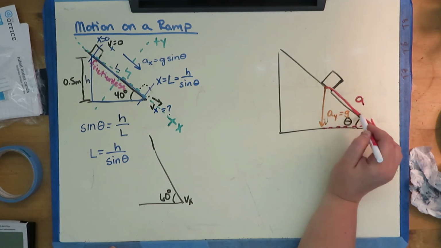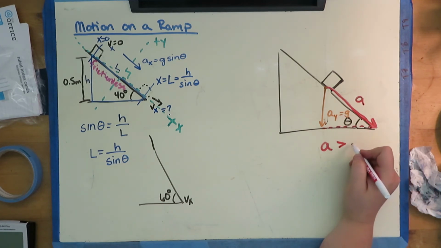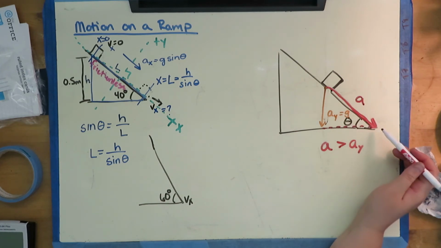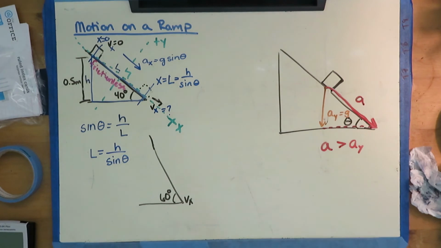Graphically, you can see that this is wrong because this says that a would have to be bigger than ay, looking at that triangle. But my acceleration down the ramp cannot be bigger than my acceleration due to gravity because the ramp's getting in the way.